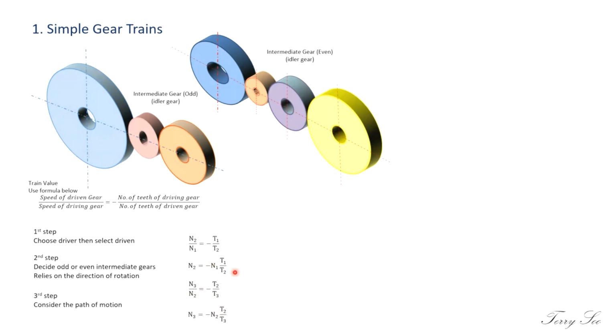And then you can join both of these equations to work out the speed or the train value between the first and the last. You just substitute N2 here, which is equal to this, into this equation here. So you will get N3 in terms of N1.